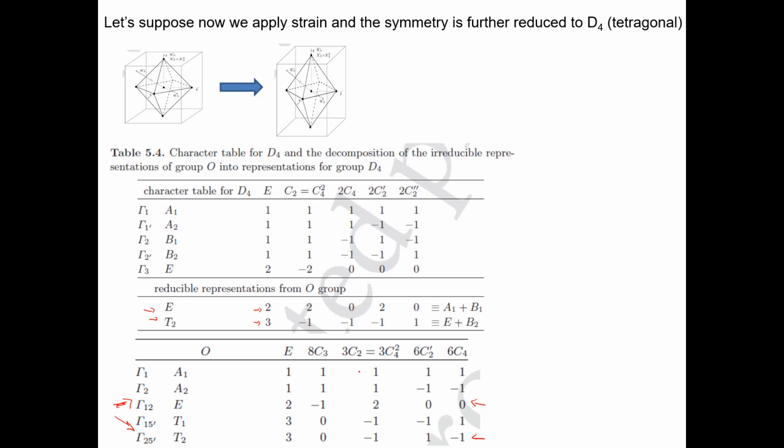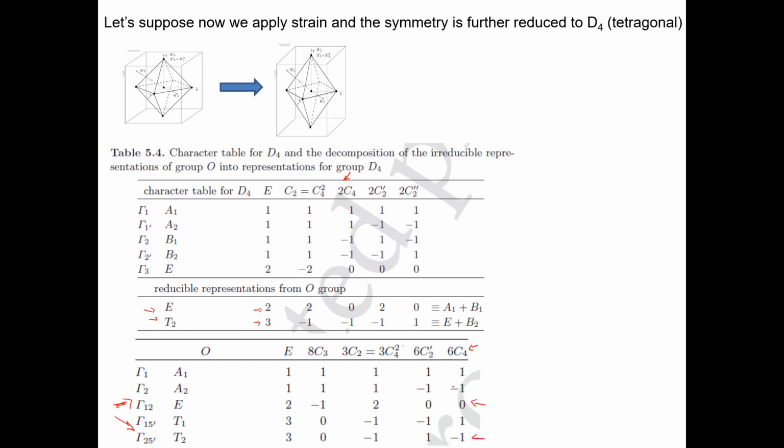But this is precisely the same operation that I have here. This is the C4 operation for. So the only difference is that before I had 6 of them, now I have only 2 of them. I'm looking at the C4 first, okay?